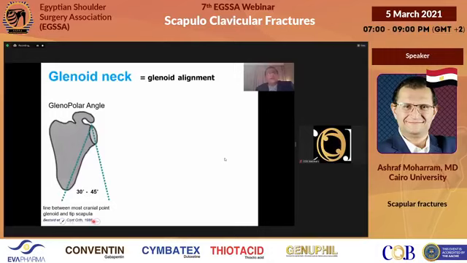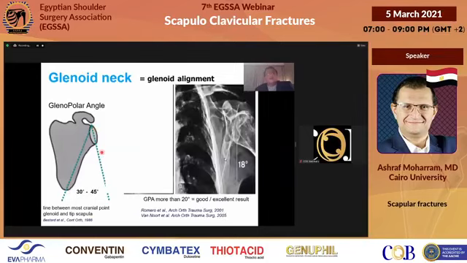What about glenoid neck rotation or glenoid alignment? This is measured by the glenopolar angle, which is between a line from the most cranial point of the glenoid to the tip of the scapula and one parallel to the articular surface of the glenoid.